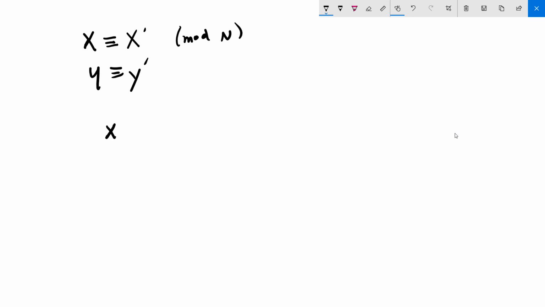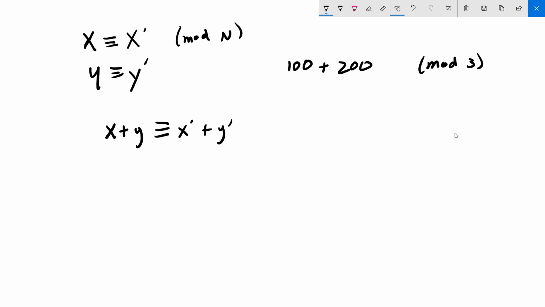For example, x plus y is congruent to x prime plus y prime. That's just saying you can substitute equals for equals, essentially. You can substitute congruent things for other congruent things. So, for example, if we want to know what 100 plus 200 is, and we're working mod 3, well, you could add 100 and 200 and get 300, and you can see that's 0, mod 3.